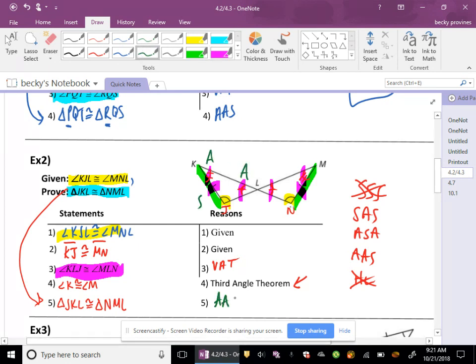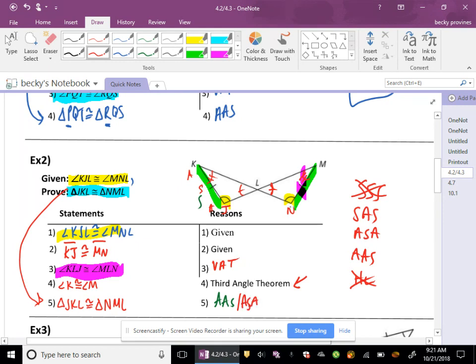Now, what if you wanted to do a different way? Is it possible? And I can tell you it is possible. So if I have all this information, I'm just trying to get my picture back like it was. I could do angle, side, angle.